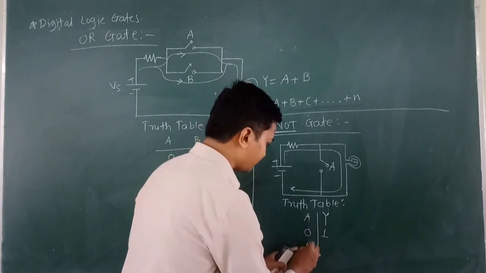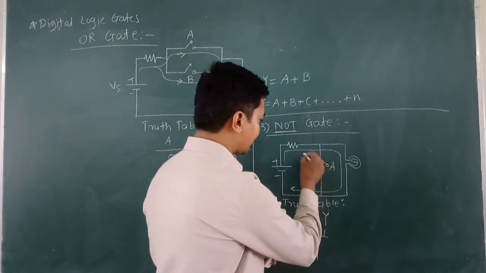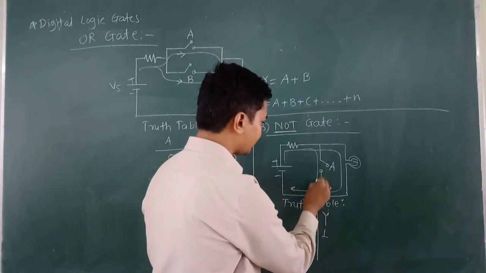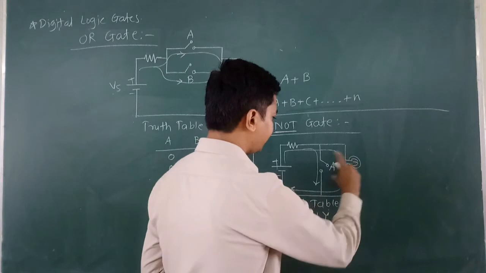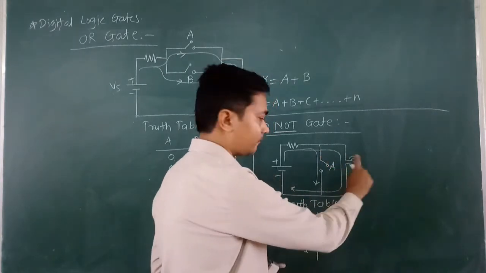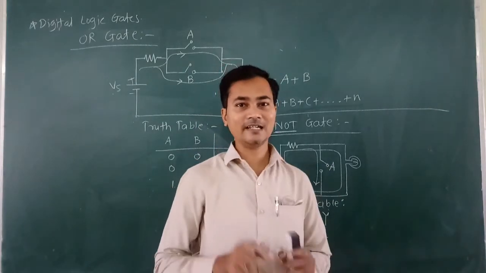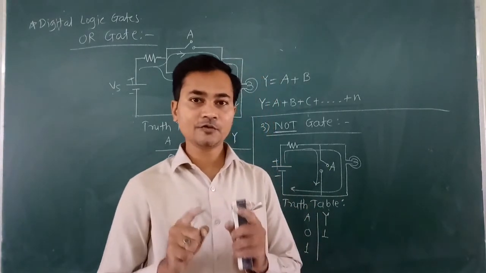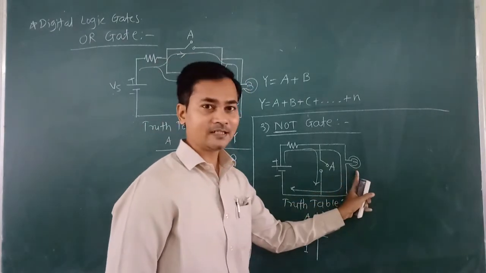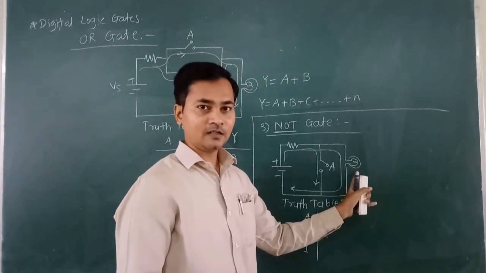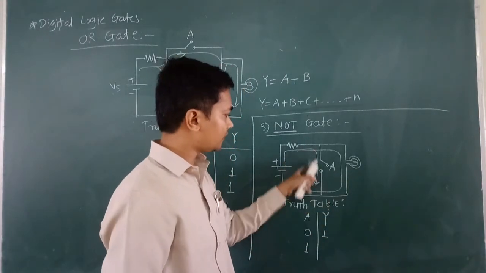And when the switch is pressed, then what will happen? The current will flow through this switch A and the bulb will be shorted, because the property of current is that current always chooses the low resistance path. The bulb is a resistive device, it has its own resistance, so current will choose the low resistance path.